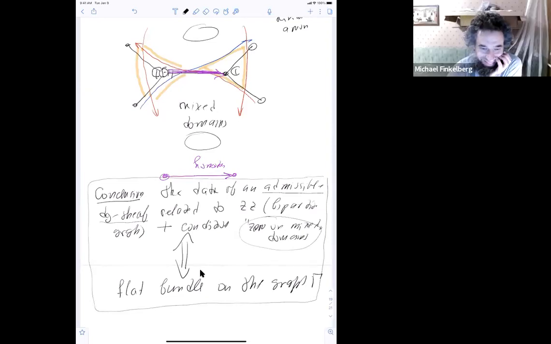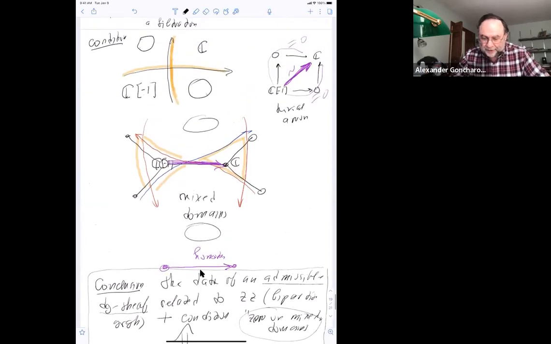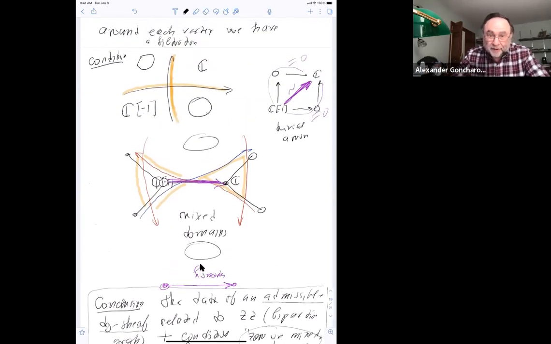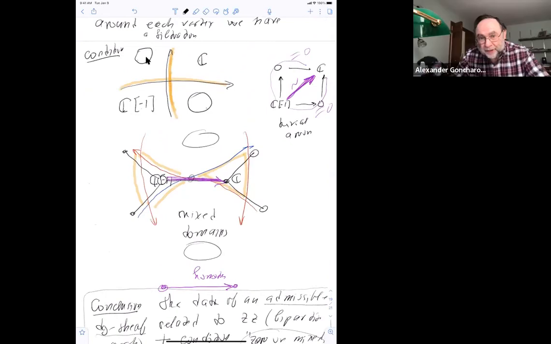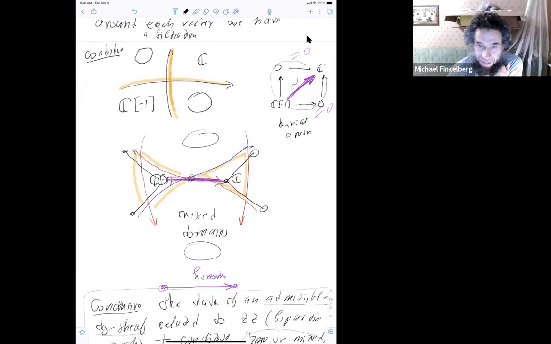I proved this because I just explained that if you have a crossing, and here's a crossing appears here, if you insist that on this domain which is mixed and on this domain which is mixed you have zeros, then you have no other choice but to put vector spaces of the same dimension on this domain which is white and on this domain which is black, and relate them by an isomorphism, because that's a homotopy between zero map and zero map. So you have no other choices.